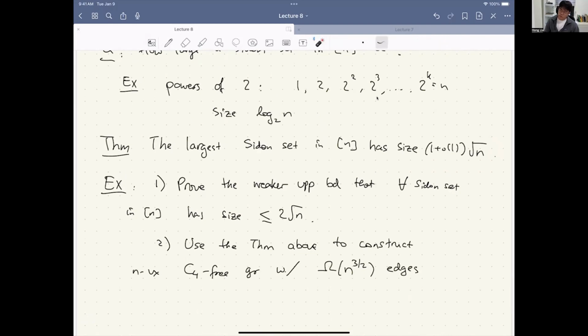So we've seen this upper bound before. Up to the constant, this will determine the order of magnitude for the extremal number of C4.